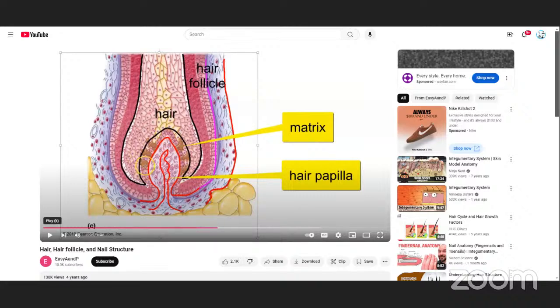I want to pause for a minute. I really like this video because she thoroughly explains the structure of hair, and she's also explaining how hair is growing. I love this narrative and the color.